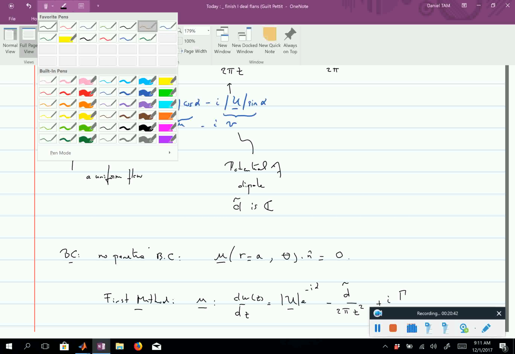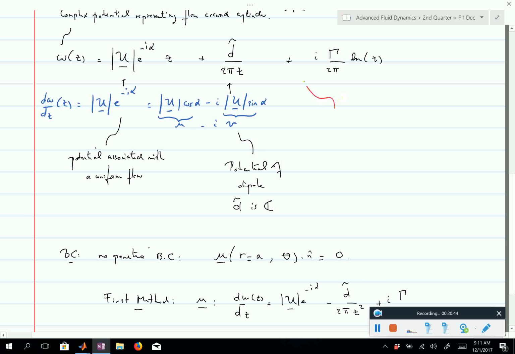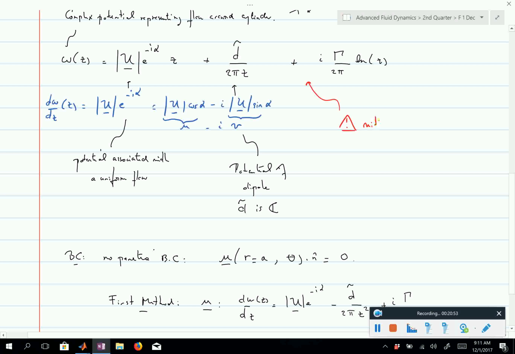So let me just put a note here: this is with aerodynamics conventions of u positive and gamma positive in the clockwise direction.